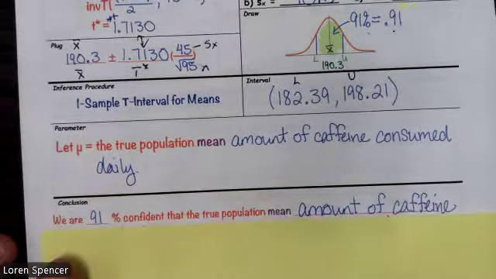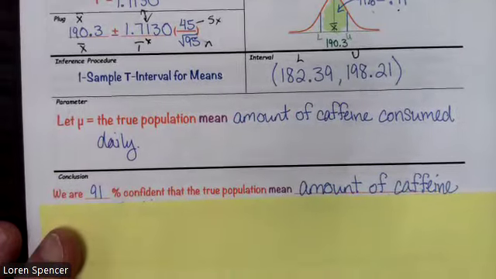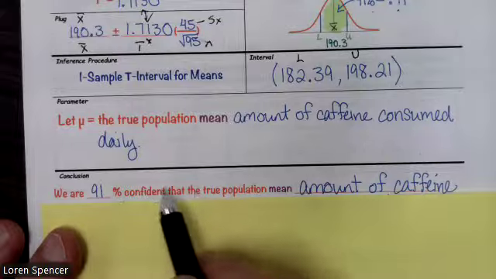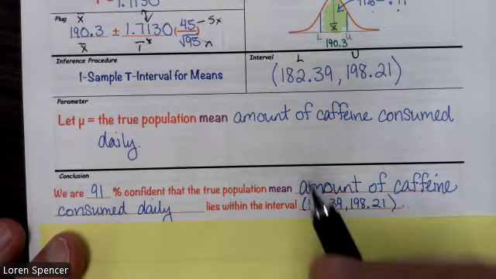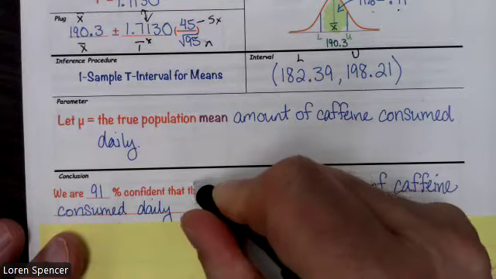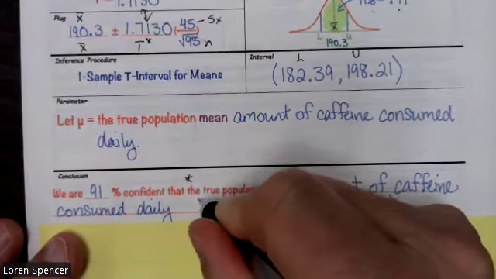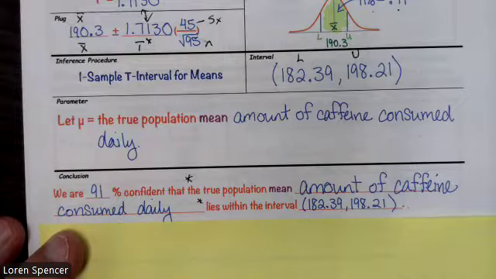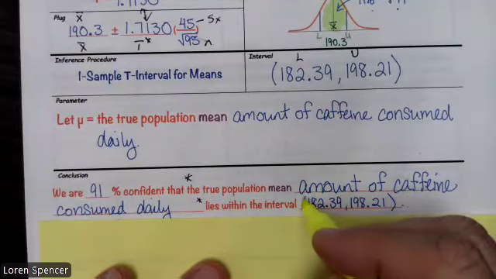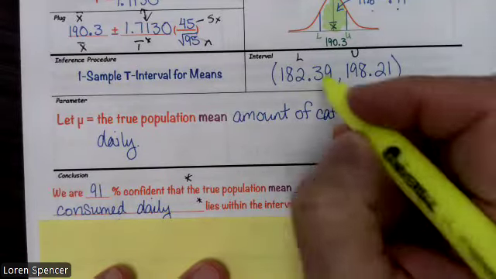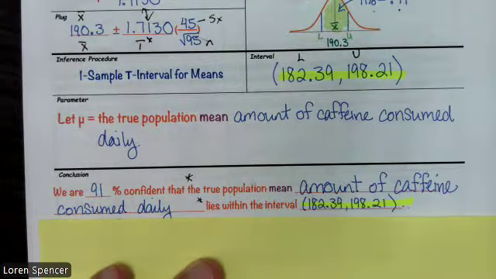So we are 91% confident, because that's our confidence level, that the true population mean amount of caffeine consumed daily, this part right here is our parameter, lies within the interval 182.39 to 198.21. Please remember, this is just a restatement of what we calculated above.